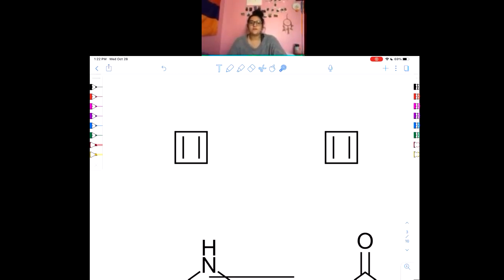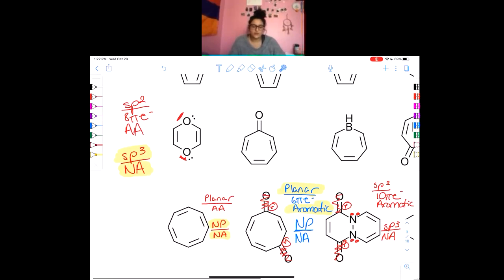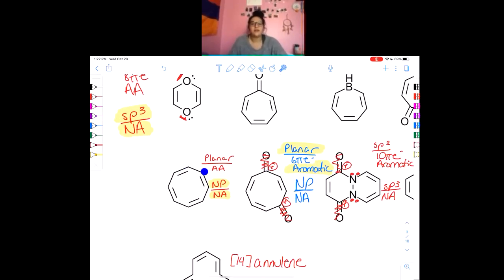Two, the bond angles are more stable in the plane than they would be bending out of the plane. The biggest reason these molecules want to bend out of the plane is because of ring strain. So for this to be on the same plane, flat, it would not be at all favorable, so it would want to bend unless it can be aromatic. So yes, just stick to the 8 or more rule, pretty much.